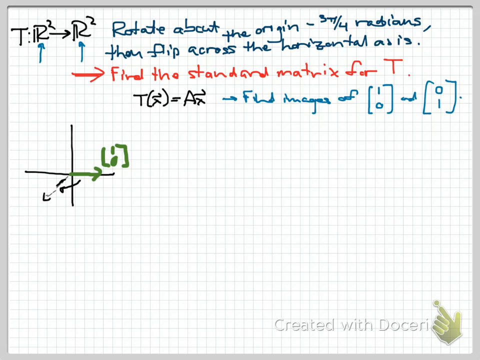And so here is the result. Here's the image of the vector (1, 0). It's right here, because I rotate it through negative 3 pi over 4 radians, which is the same thing as 135 degrees clockwise because it's negative, and then flip it over the horizontal axis.